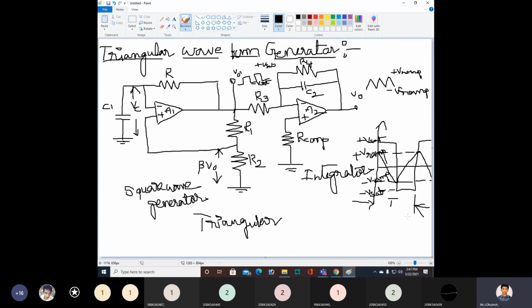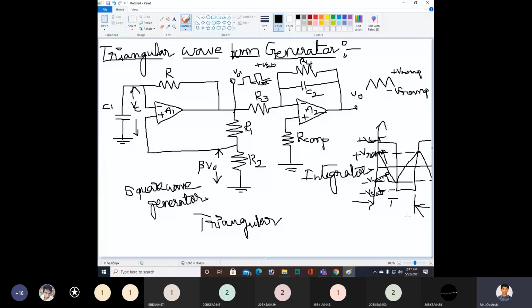So the meaning of this statement is, here we have a less number of components for designing a triangular waveform generator. Because of that, it acts as a two level comparator followed by integrator.